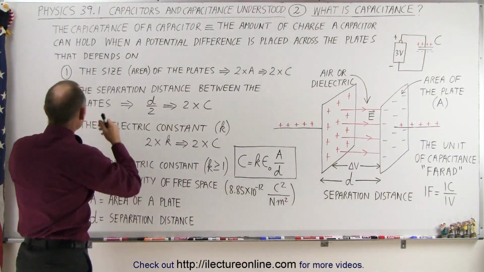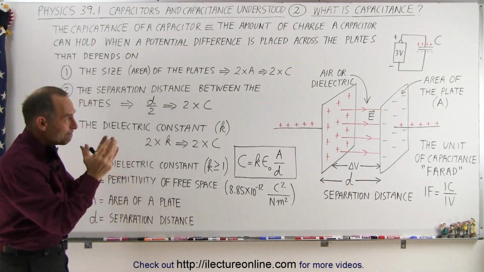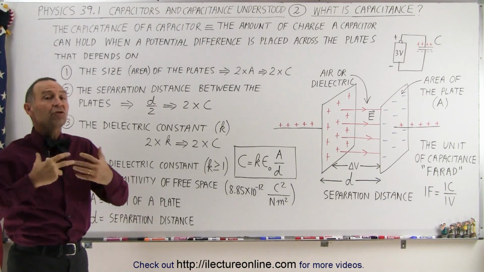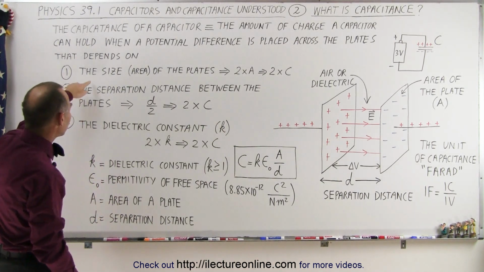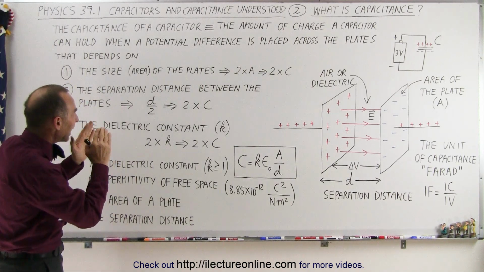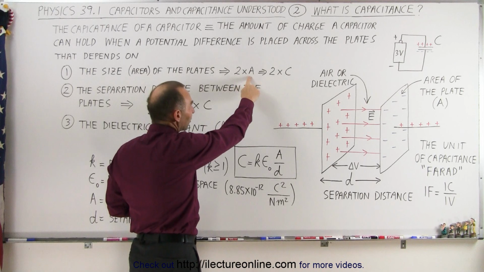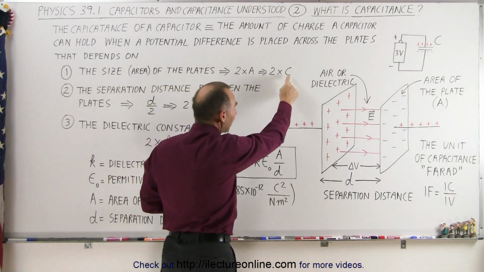So, what does that depend on? Well, three things. A capacitor has three specifics that determine how much capacitance it has. First of all, it depends on the size or the area of the plates. If you were to double the size of the plates, you would have double the capacitance.